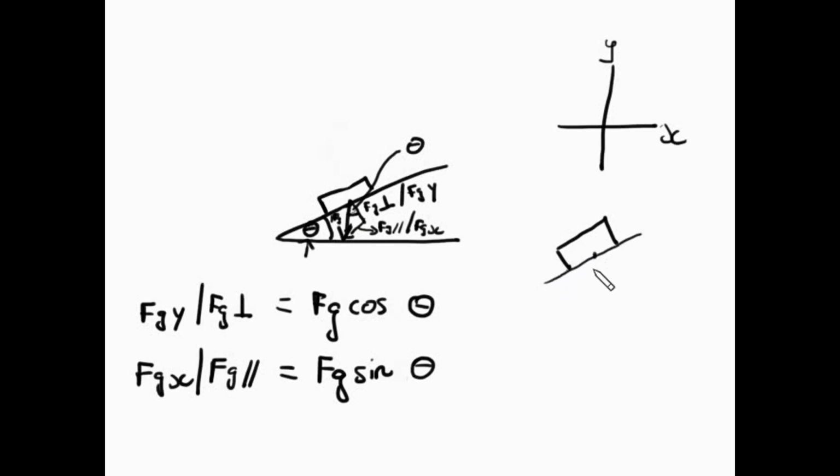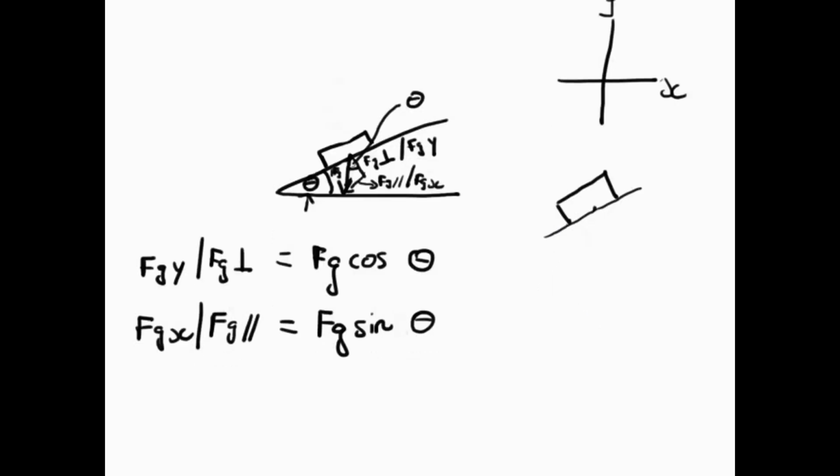The gravitational force is still going straight down. It does not change. This is still Fg. Then we have Fg perpendicular, which is also depicted as Fgy for the y-axis.